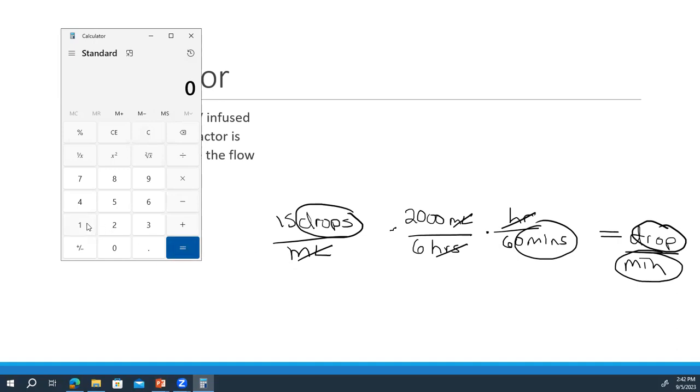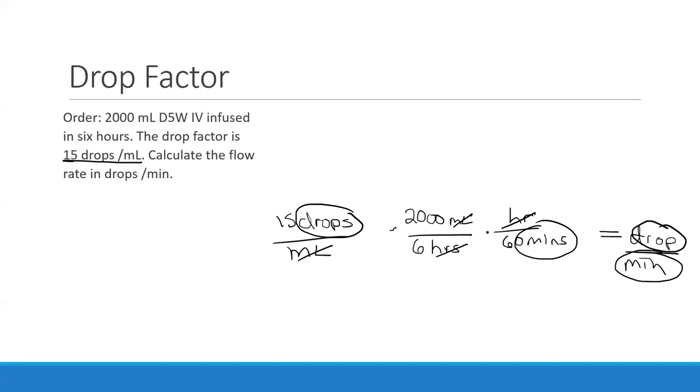So let's see here. Now we've got 15 times 2000, which gives me 30,000. So I'm going to write 30,000 here.